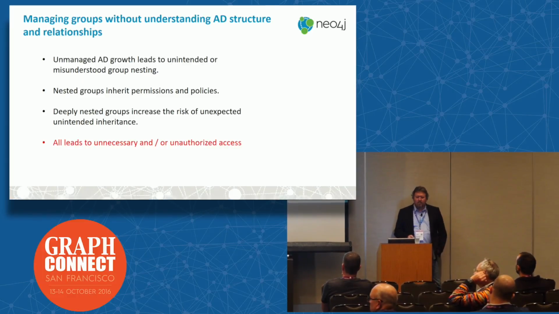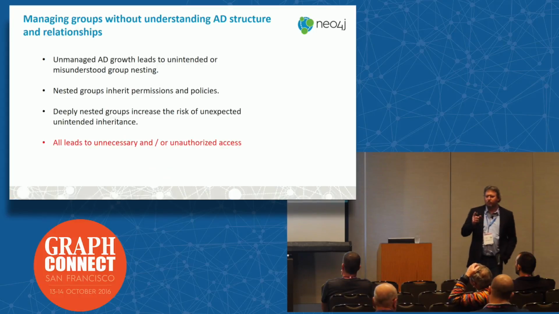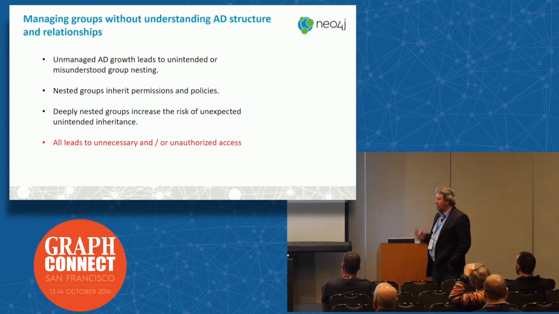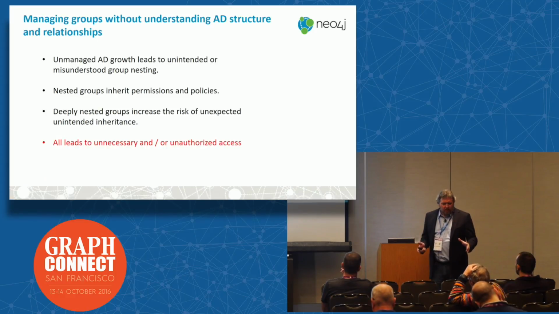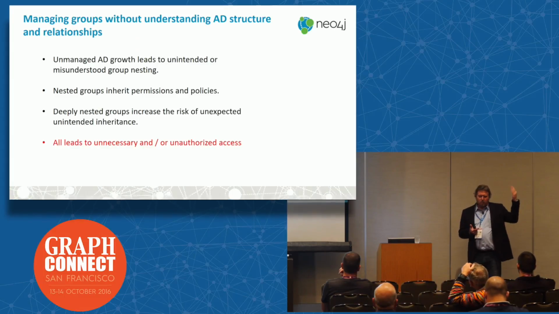So, unmanaged Active Directory growth leads to unintended or misunderstood group nestings. So the hidden danger in Active Directory is this accumulation of groups, this unmanaged growth of groups and their nestings, and how those affect the cascading of permissions from one group to another into those accounts, right?